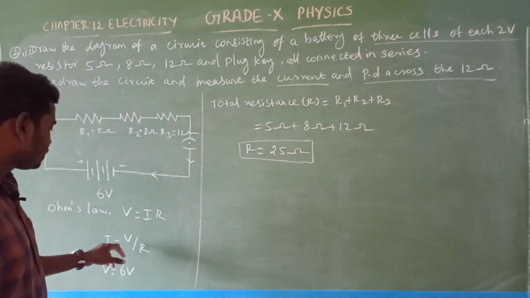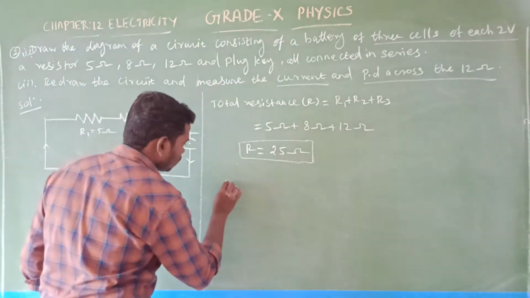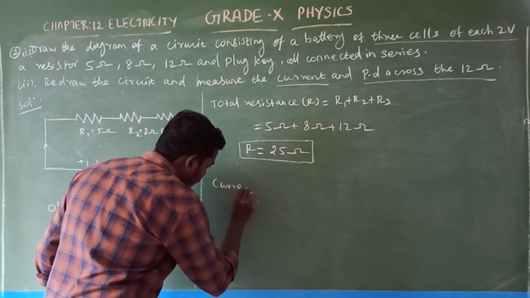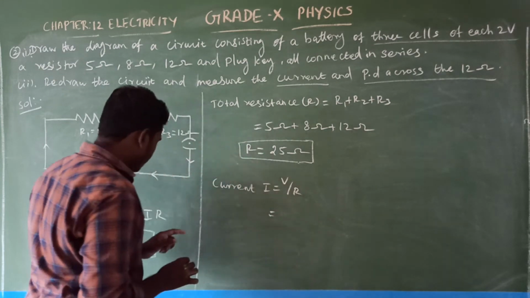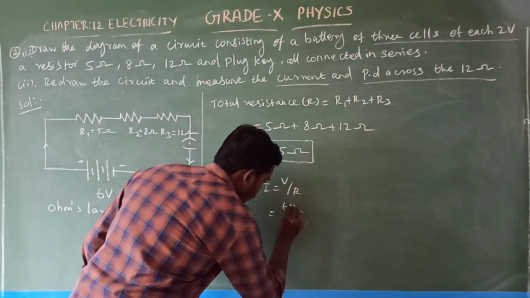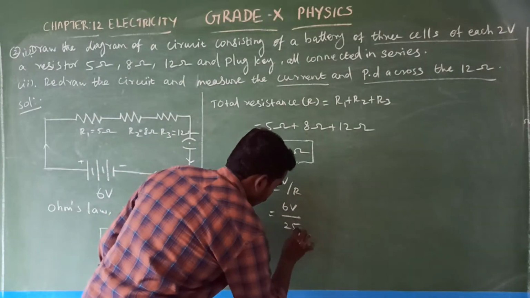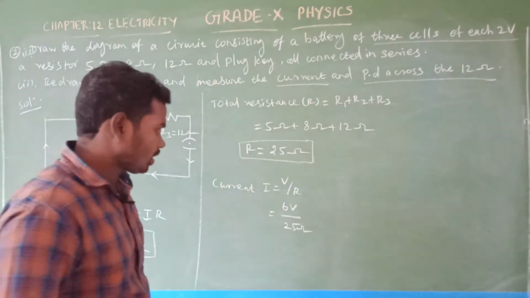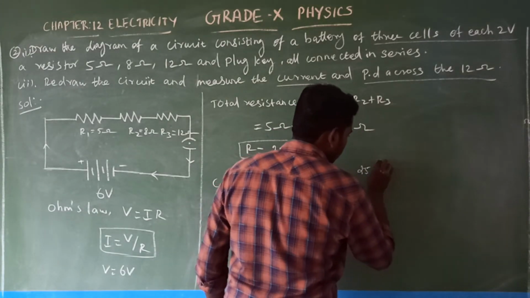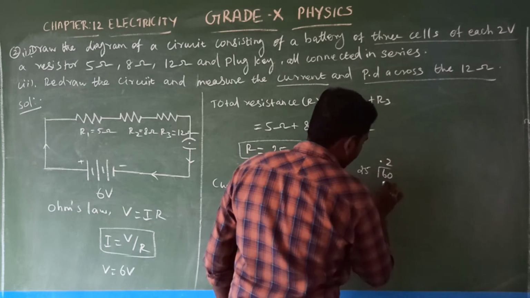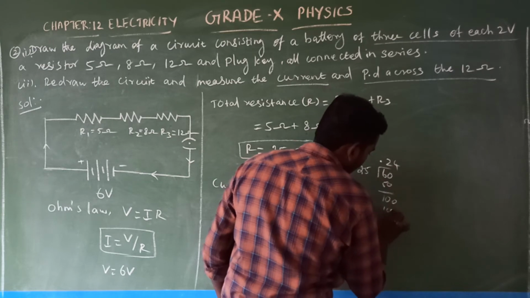Okay, yes. Now substitute in this formula, I equal to V by R. So current I is equal to V by R. The V value is 6 volt divided by R value 25 ohm. So divide 6 by 25: 6 is smaller than 25, so put a decimal point, add one 0, 2 into 25 is 50, remaining 10, again add one 0, and 4 into 25 is 100.